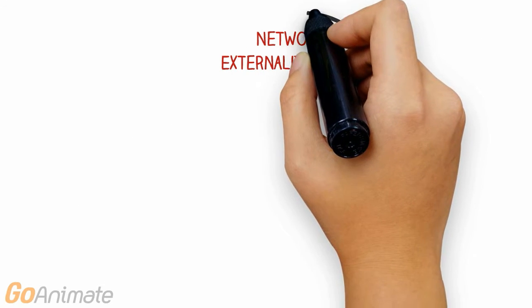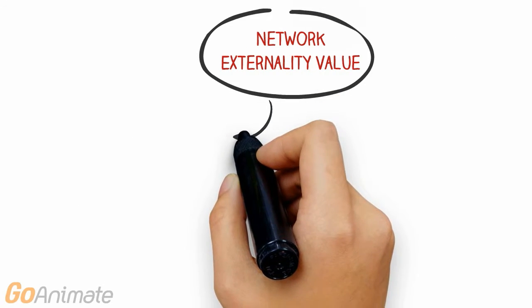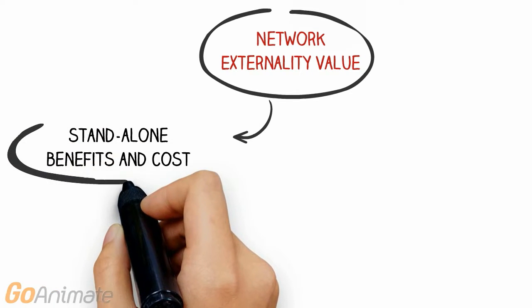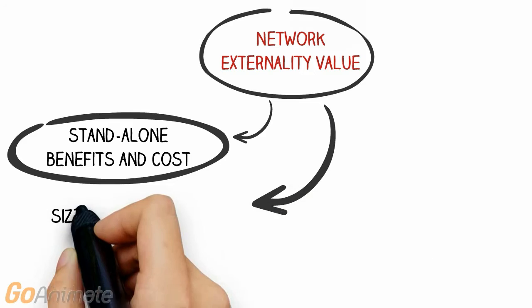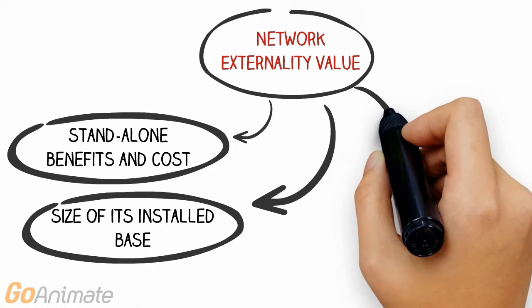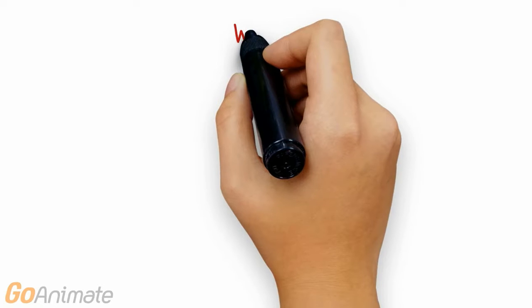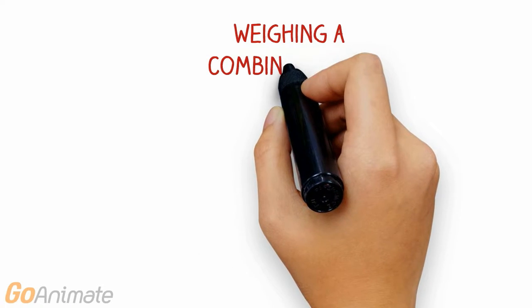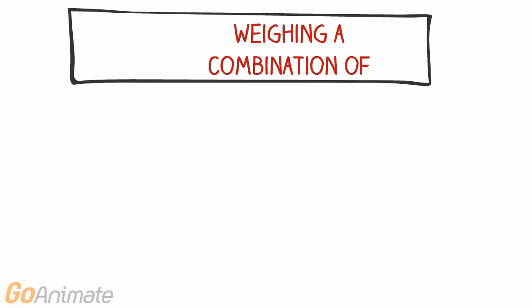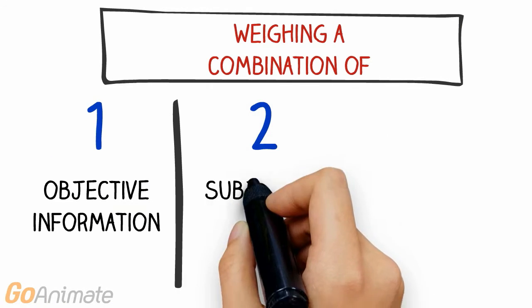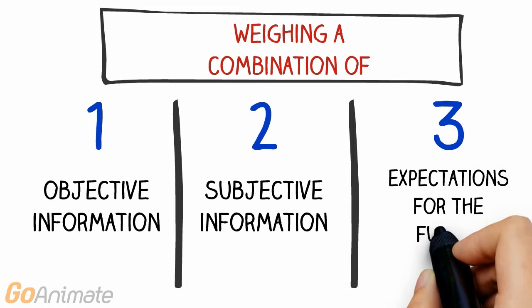The value of a technological innovation to users will be a function not only of its standalone benefits and cost, but also of the value created by the size of its installed base and the availability of complementary goods, that is the network externality value. When users are comparing the value of a new technology to an existing technology, they are weighing a combination of objective information, subjective information, and expectations for the future.